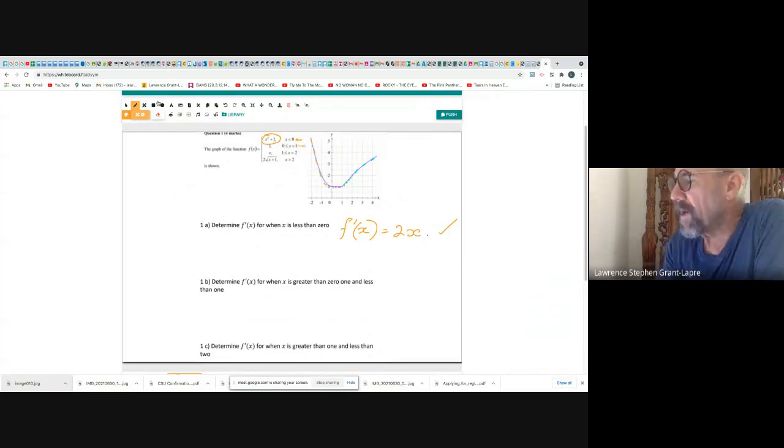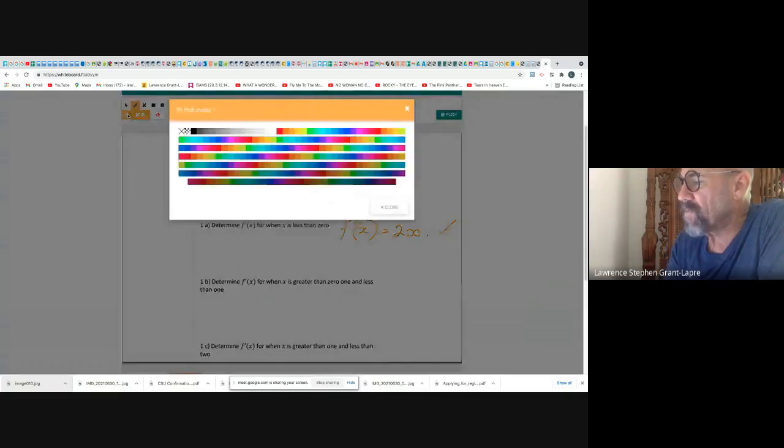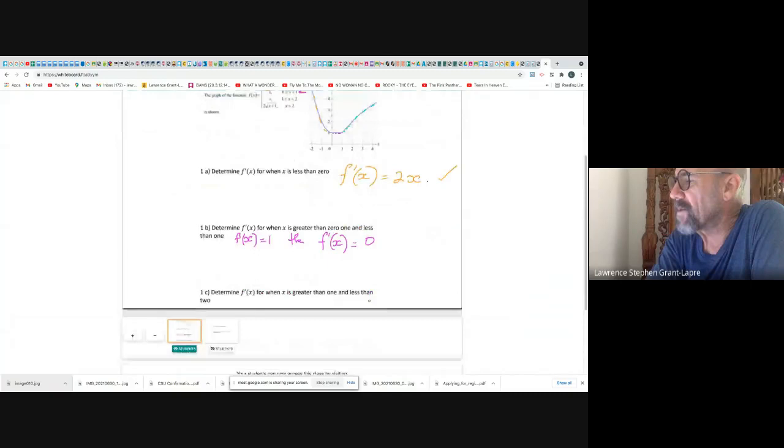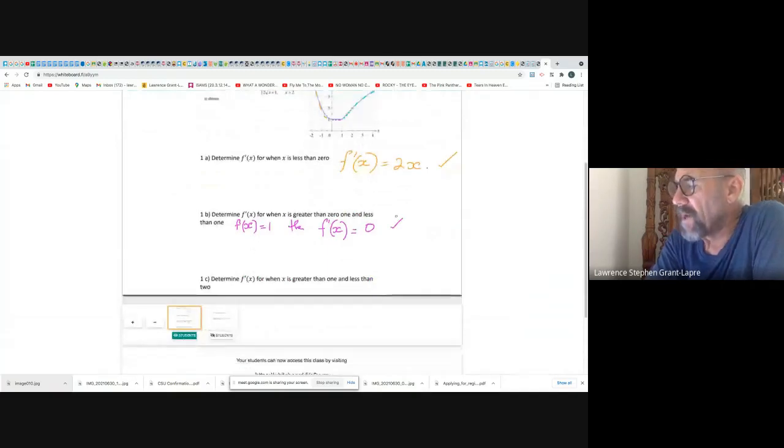If the function of x is 1, then f dash x, the derivative of 1, is 0, because there's no x's, 1x to the power of 0. And so the derivative is 0. You can see on the graph it's a horizontal line, the gradient is 0.